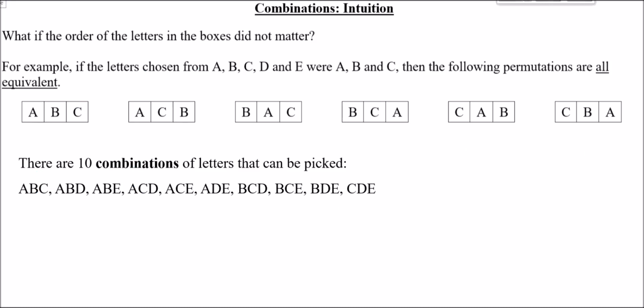And so the total combinations is just 10. So if the order doesn't matter, there's only 10 combinations of 3 letters we can pick from 5, whereas if the order did matter, there'd be 60 different arrangements of these 3 letters we could pick from the 5 letters in total.